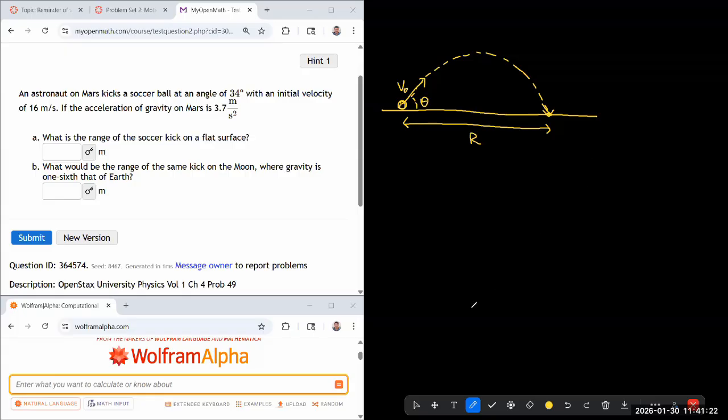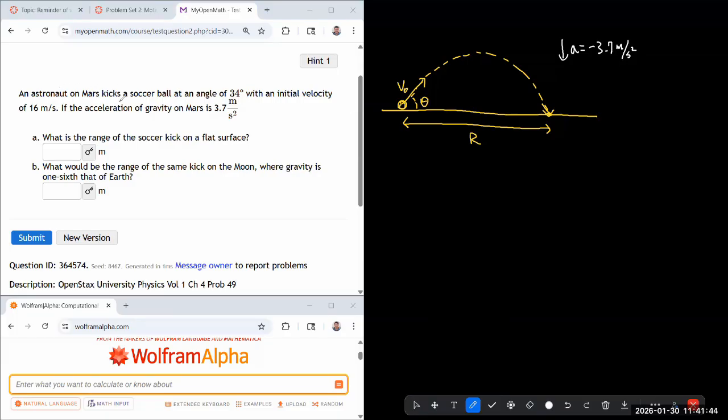So for this question, it says an astronaut on Mars. The acceleration of gravity on Mars is 3.7. So I'm just going to write it on screen so that I don't forget. My acceleration due to gravity will be minus 3.7 meters per second squared.